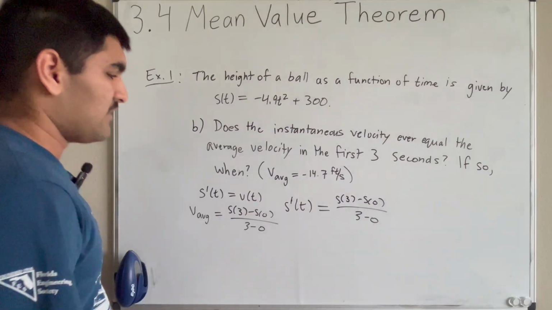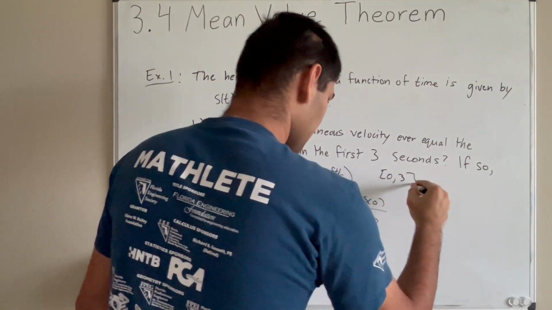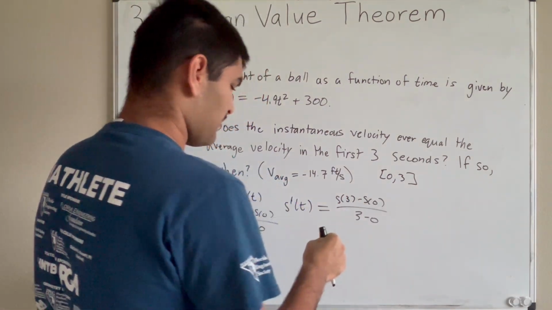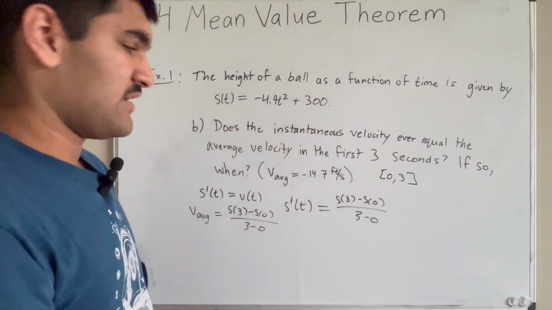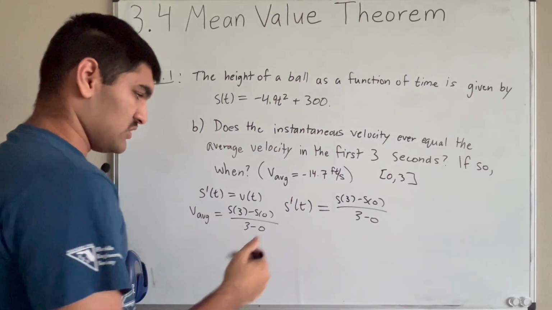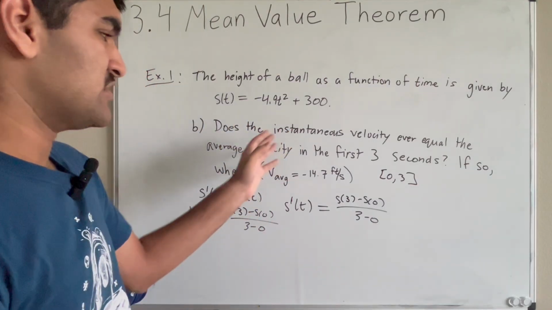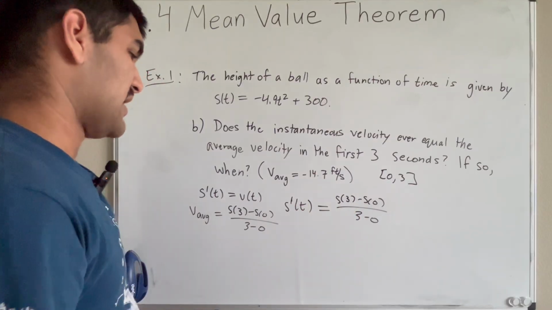If you have some interval, in this case 0 to 3, then the average rate of change over this interval is equal to the instantaneous rate of change for some t inside of that interval. So yes, the answer to our first question, whether the instantaneous velocity ever equals the average velocity, is yes. Now we just have to find the specific time.